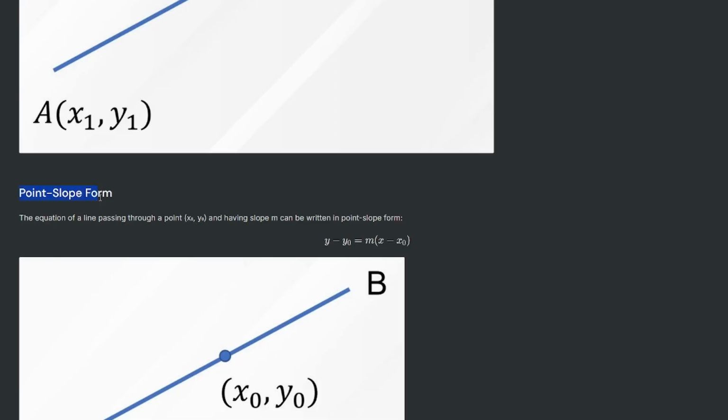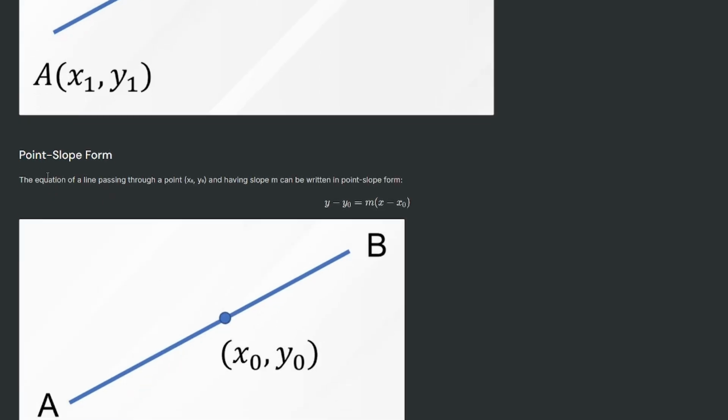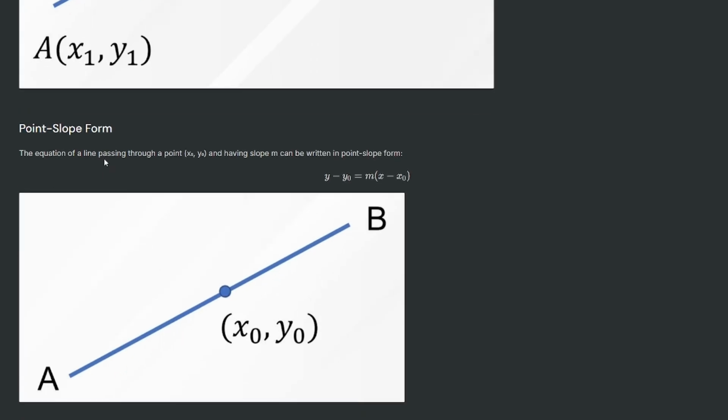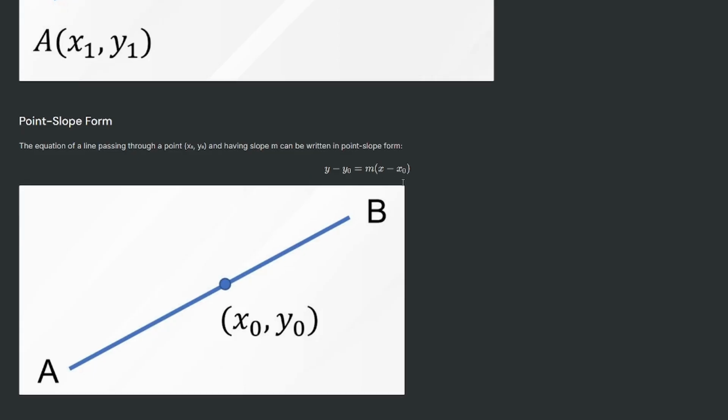And if you talk about point slope form, it is the equation of a line passing through a certain point, in this example x naught comma y naught, and having slope m. We can find the equation of the line by using this formula, y minus y naught equals m times x minus x naught.